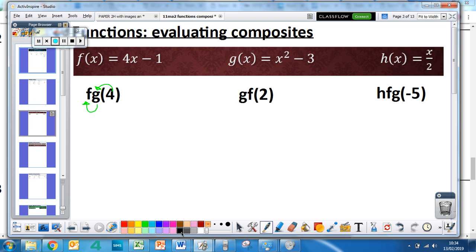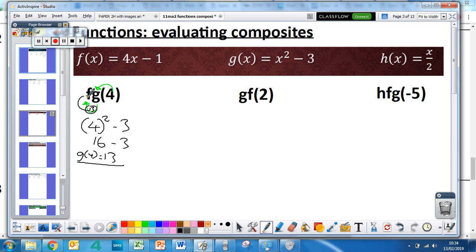So what you need to be able to do here is put 4 into g. That's here. So 4 squared minus 3. That's 16 minus 3. That's 13. So we've just said that g of 4 is 13. That's the 13 that then gets put into f.